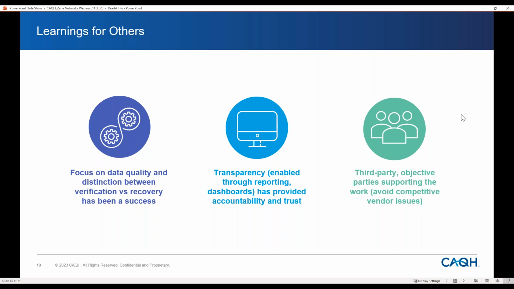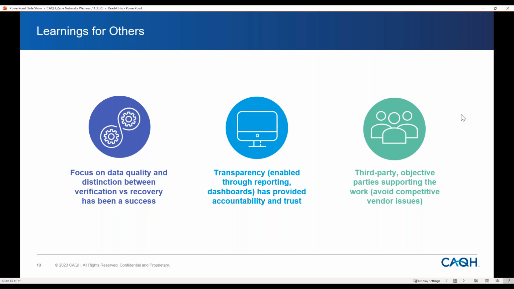Really not being able to rely on just the reporting that was coming from the vendor, but to be able to show through dashboards, through a focus on real-time ability to check on progress. That was critical.